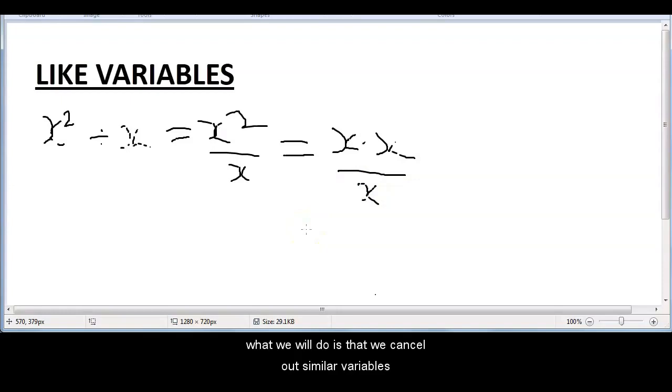What we do is we cancel out similar variables, one on the numerator and the other on the denominator.